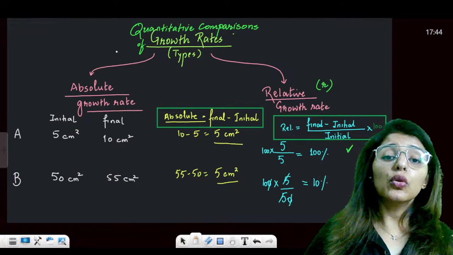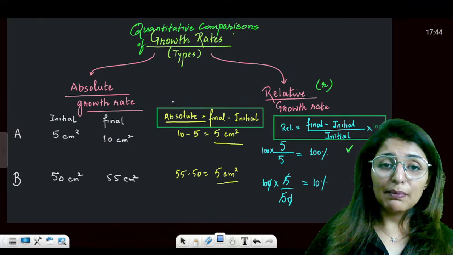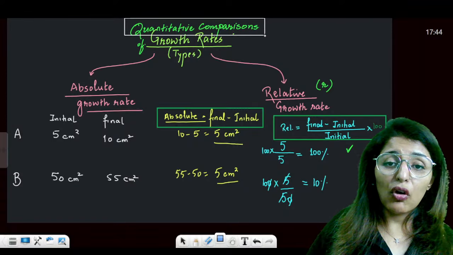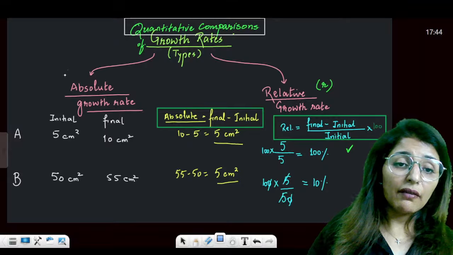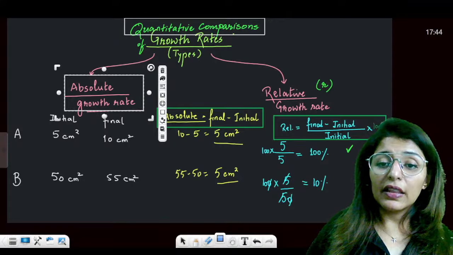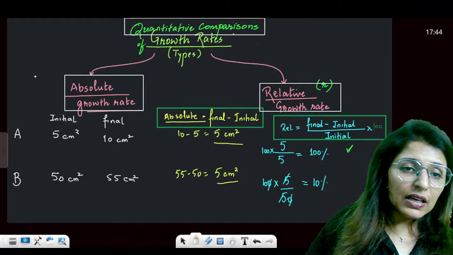Moving on to different types of growth rates: quantitative comparison. If we go for the quantitative comparison, we have absolute growth rate and relative growth rate. Let's take an example.